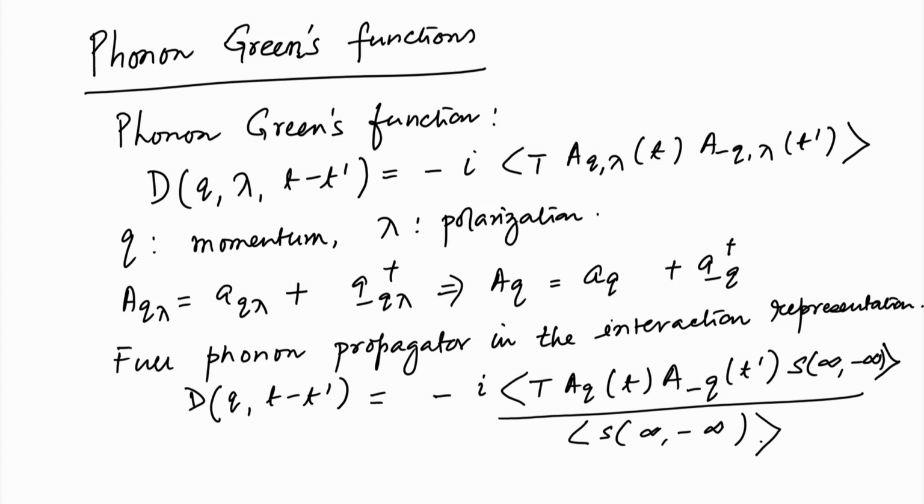If you open up the capital A q's in terms of the small a q's, one can write down the non-interacting phonon propagator without the S matrices.